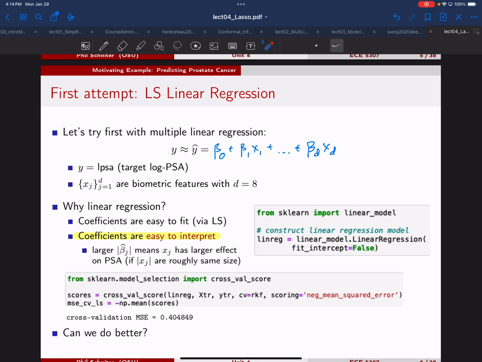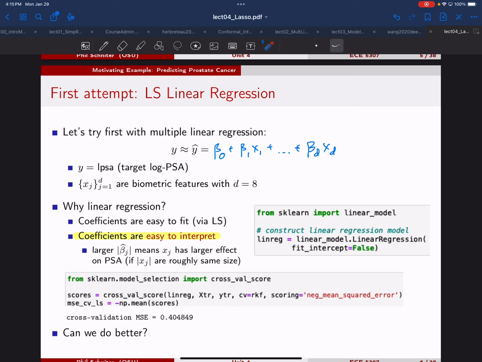Okay. Now there is one catch. If you look at the betas and you look at their sizes, you have to make sure that the sizes of the x's have also been somewhat normalized. Because, for example, in a practical data set, these x's have totally different meanings. They could have totally different units. The sizes of the x's could be vastly different.